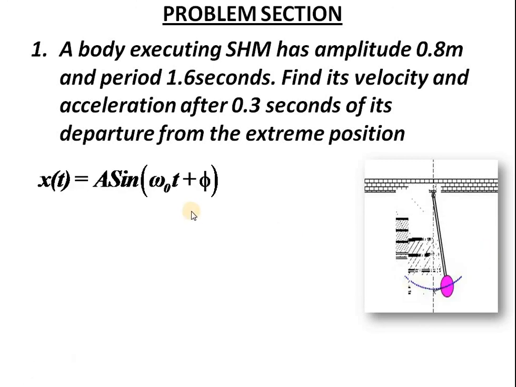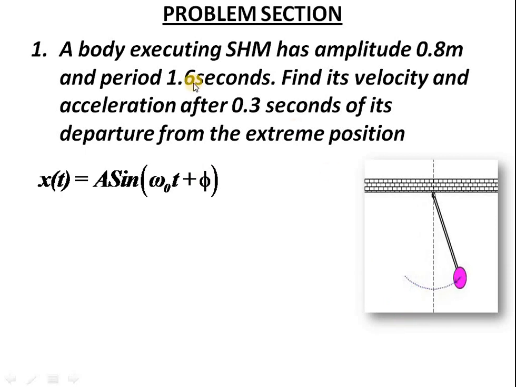You know that the expression for simple harmonic motion is x of t equal to a sin(omega 0 t plus phi), where phi is the initial phase. Suppose the motion is starting from the mean position, that means at the center, you know that phi will be 0.